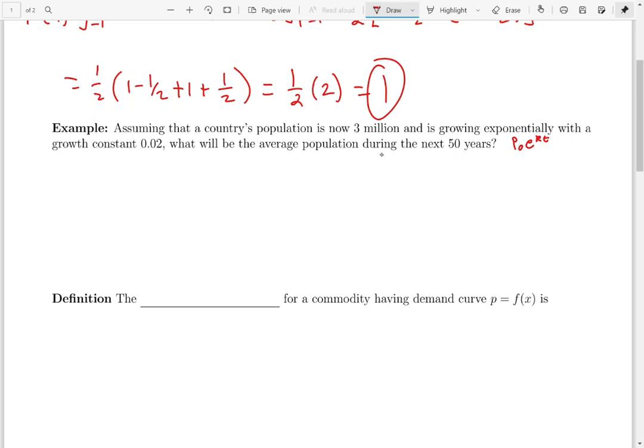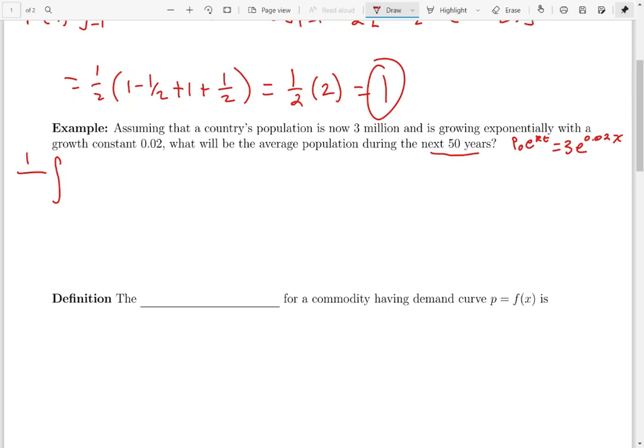So if I want to know what is the average going to be over the next 50 years, well, let's just go ahead and write this. We recognize that our growth formula is going to be 3 times e to the 0.02 times t, or x. I'm just going to go ahead and throw it in as x. Doesn't really matter. But then, that's our function that we need. Well then, if I want to find the average for the next 50 years, well, right now, what year is it?